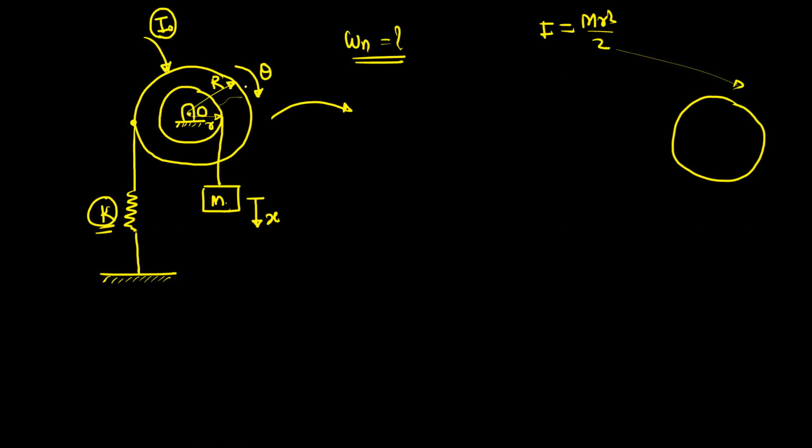Okay, so because of this theta, there will be some deformation of the spring k. So if you consider this as a mean line for this spring k, after rotation, this point will just move upward somewhere here. So you will get this as a displacement.